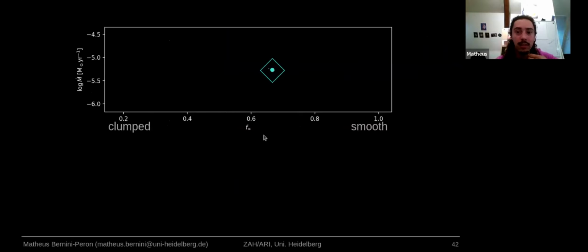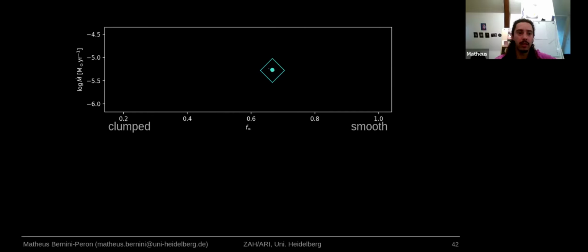And now we investigate how much clumping we really need in the wind, so how inhomogeneous this outflow can be or cannot be. So we took our best model, which had a clumping value of 0.7, something like this.